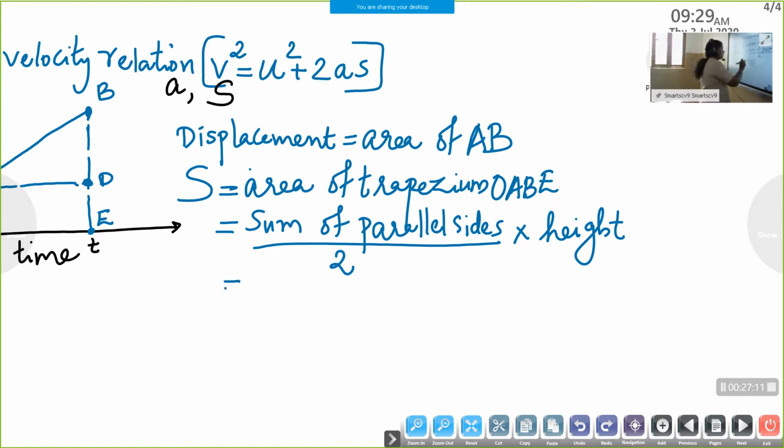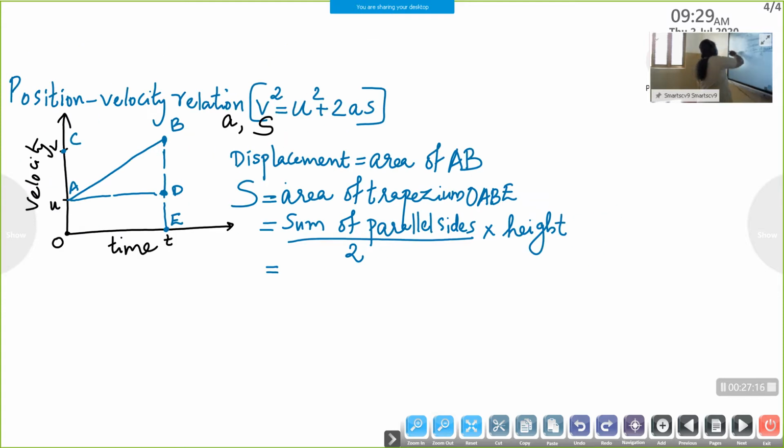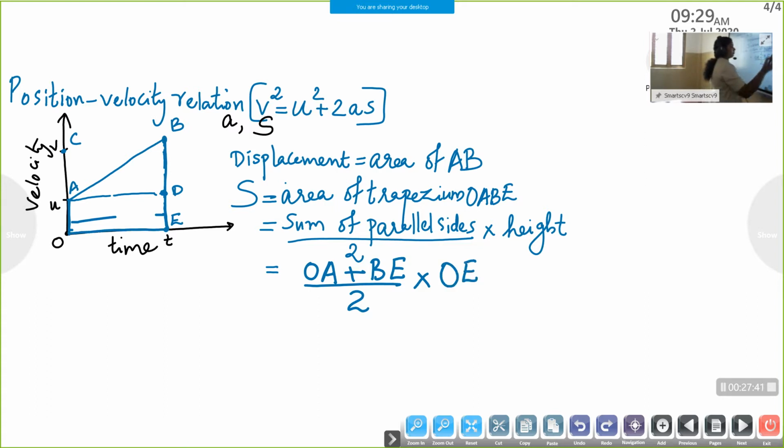So now we can take the sum of parallel sides. Here this is a trapezium, and the parallel sides are OA and BE. OA plus BE divided by 2 into height, and the height is the distance between the two parallel sides, that is OE. So s is equal to, what is OA here?